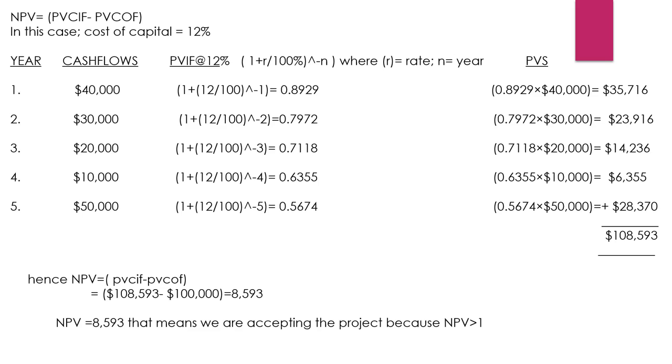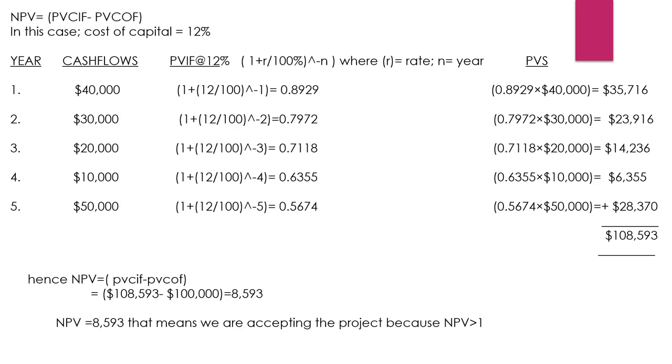So we have got a positive NPV. In this case, the 8,593 means we are accepting the project because the NPV is greater than 0. Remember, on our decision criteria we said if the NPV is greater than 0, we accept the project, and if it's less than 0, we reject the project.